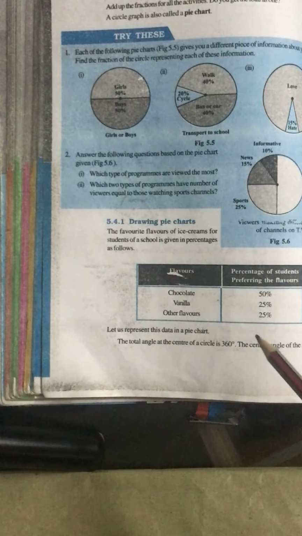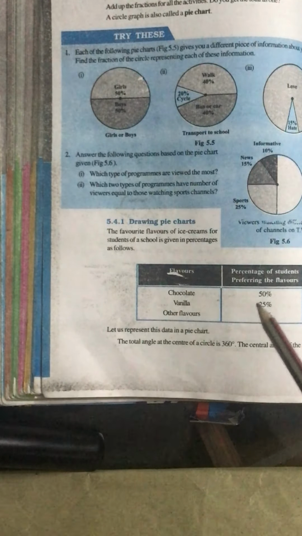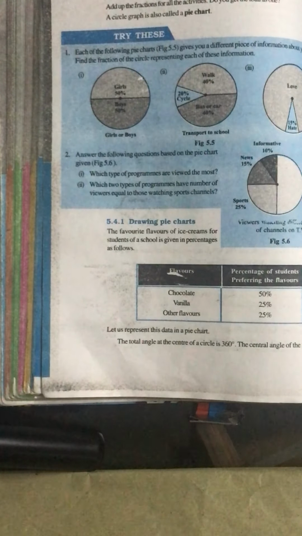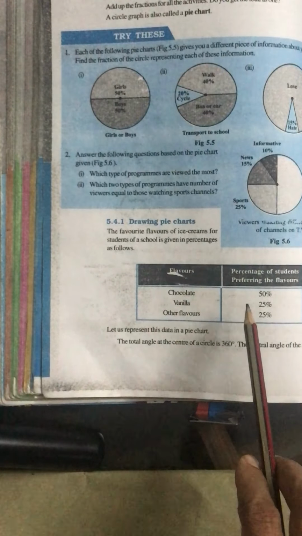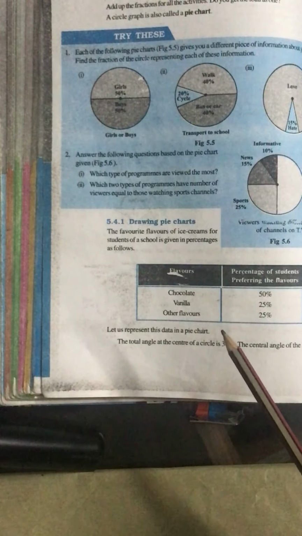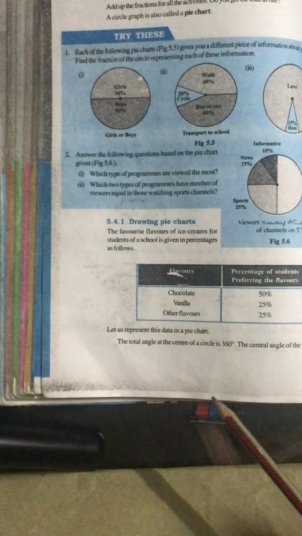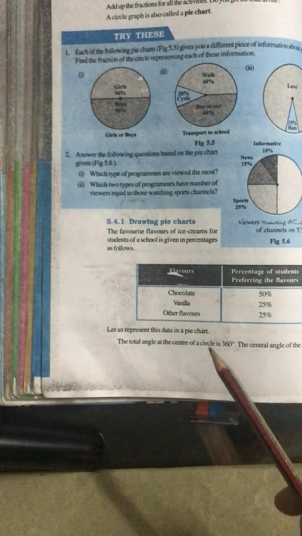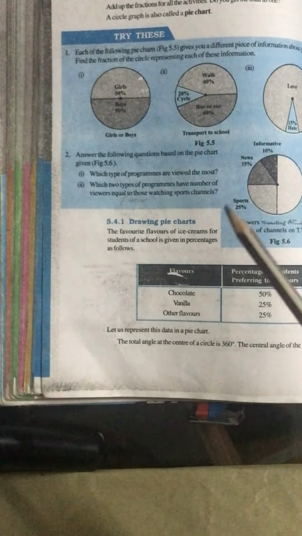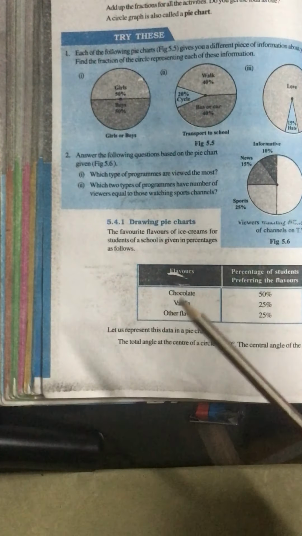Before drawing the pie chart we want to find the central angle for each given observation. How can we find the central angle? Another table we want to draw for finding this central angle, which is given on the next page.